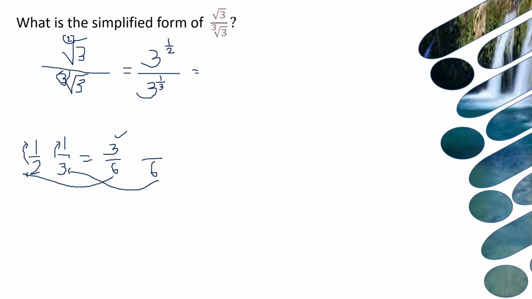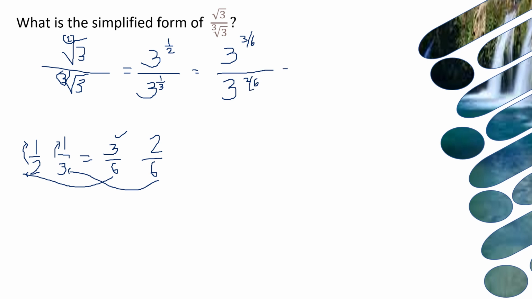So 2 times 1 is 2. Going back to our expressions, 3 raised to 1 half is now 3 raised to 3 over 6. And 3 raised to 1 third is now 3 raised to 2 over 6.